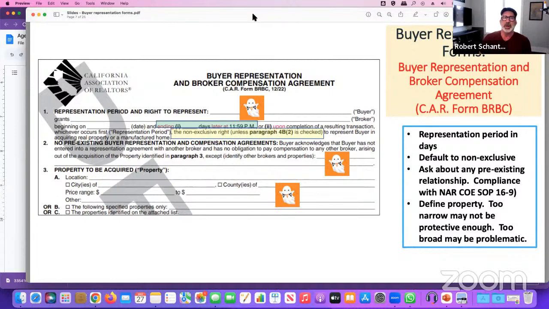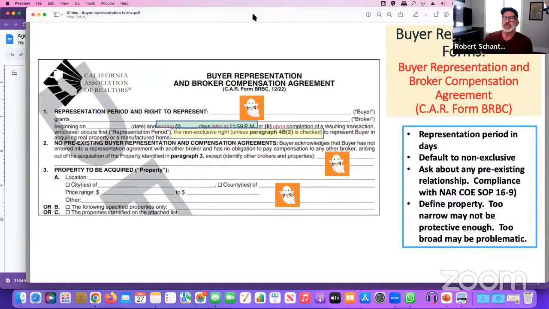So Joe Buyer grants Keller Williams Realty San Diego Metro or San Diego Signature, the broker. It's not me, but it's the name of the company. Beginning on, so you put in the beginning date, and then you'll see where it says in the green, it says ending days later at 11:59 p.m. or upon completion of a resulting transaction, whichever occurs first.